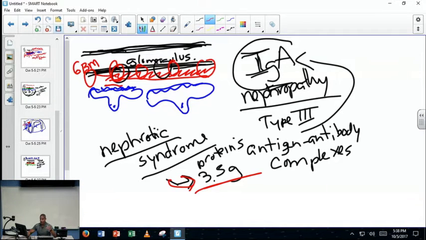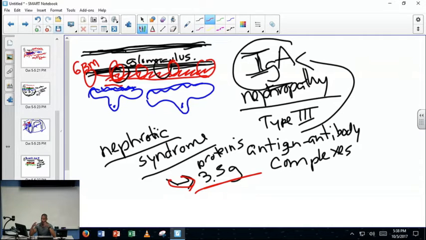You're losing protein. What's going to happen? Oncotic pressure is going to go, right? So you're going to have third spacing. The main thing keeping fluid in your blood vessels from going out through your kidneys, oncotic pressure, is going to drop. It's the main driving force attracting fluid back to the vascular space, because you have hydrostatic pressure pushing it out, then oncotic pressure pulling it back in.